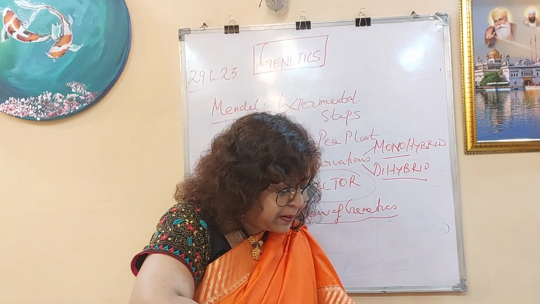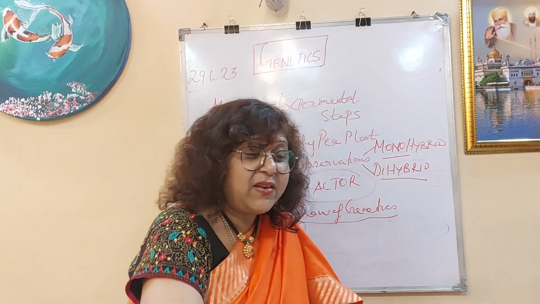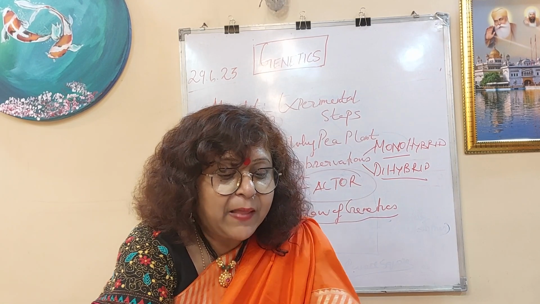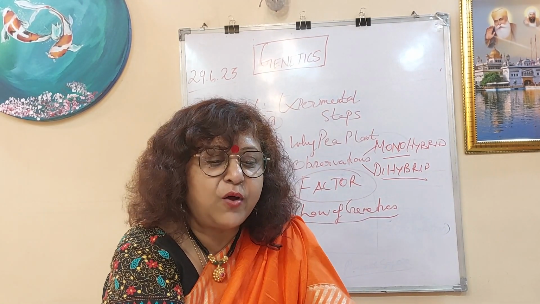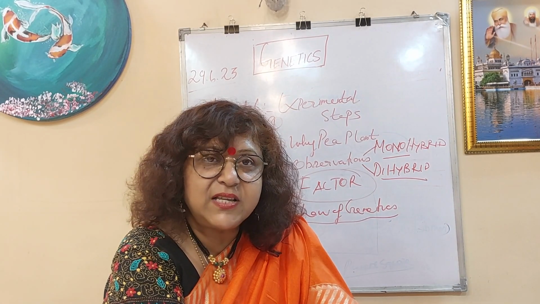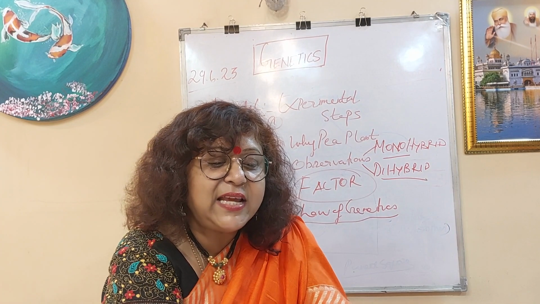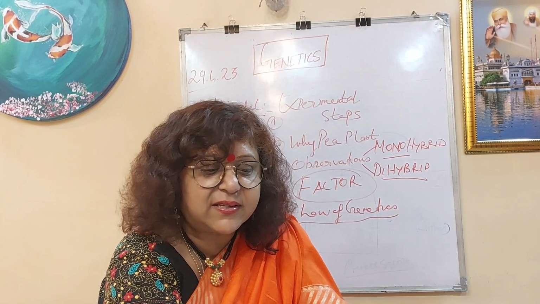Third, the pea plant has 7 contrasting characters in them. They are very well shown in your book. The 7 contrasting characters are like the flower color, dominant trait purple versus recessive trait, page number 31 for ICSE. Then seed color, yellow versus green. Yellow is dominant, green is recessive.